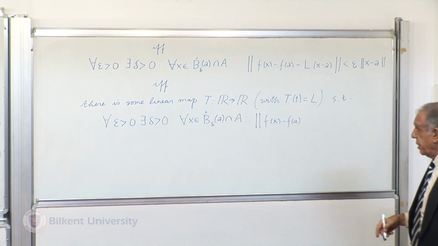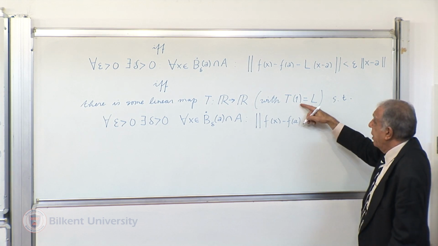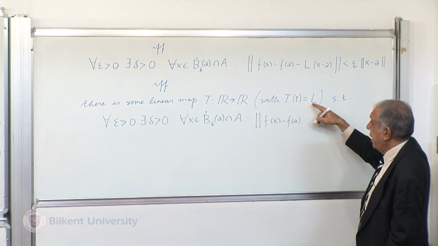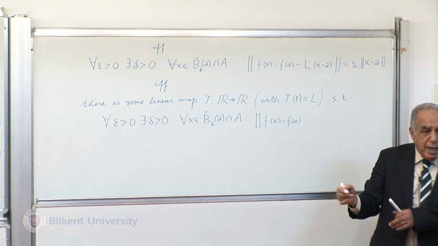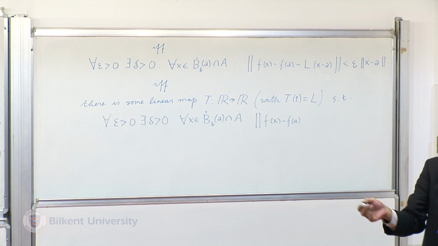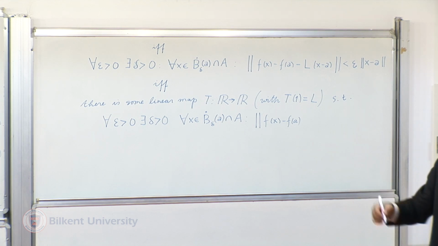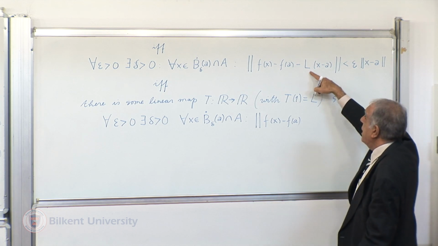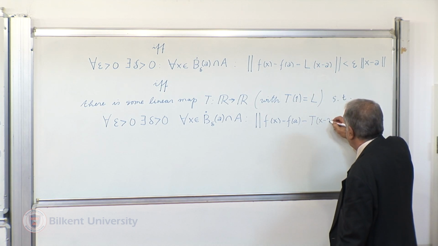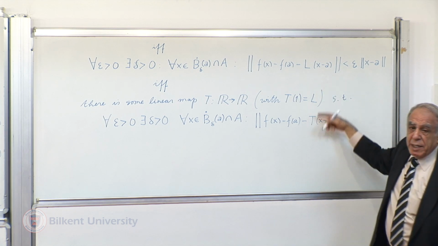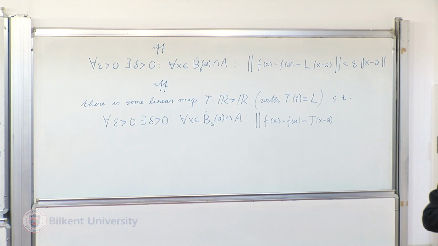Now this will be what? Well, if T of 1 is L, this function is T of u equal to L u for all u, according to the observation over there. Thus, this becomes the image of x minus a under this linear map.